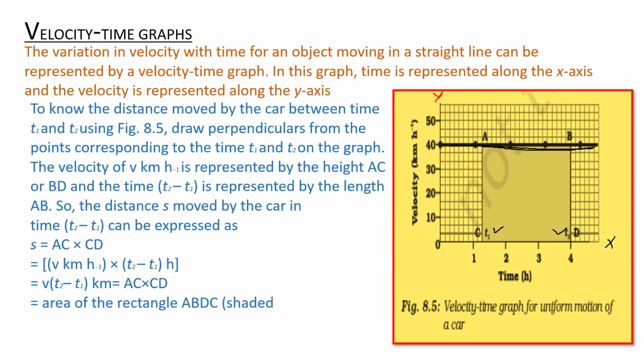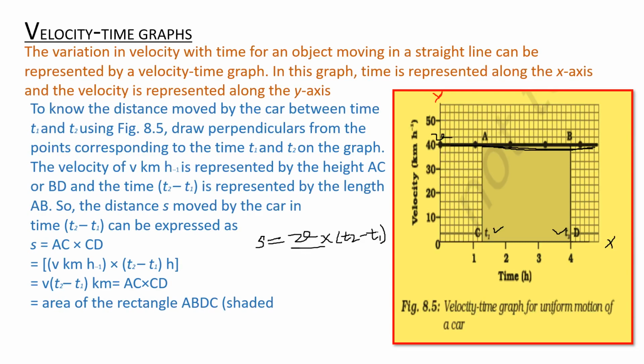Now we know that the displacement is equal to velocity into time interval. Here time interval is t2 minus t1. In this graph, you see that the velocity of the object is 40 km/h. If we suppose it to be v, then this v will be equal to AC or BD.